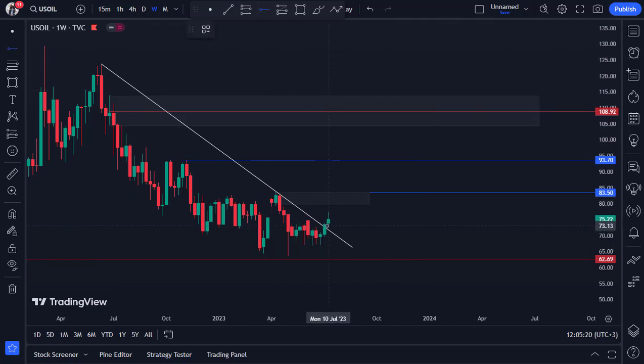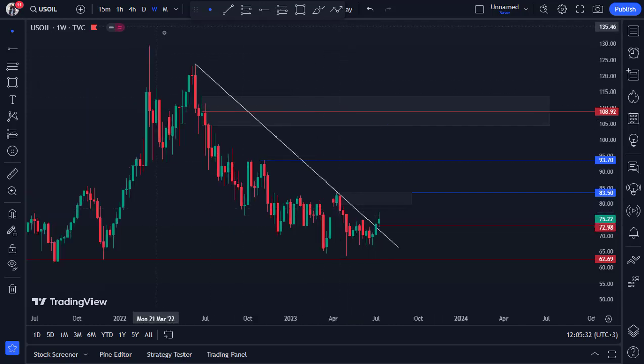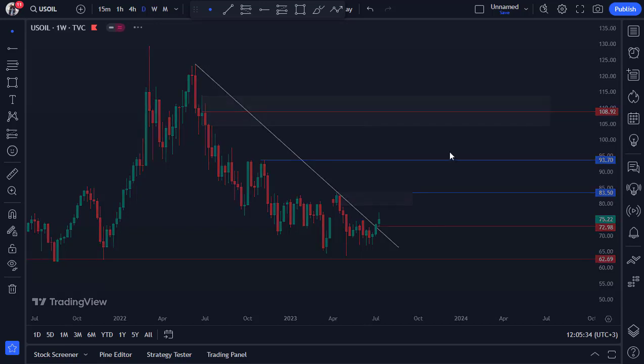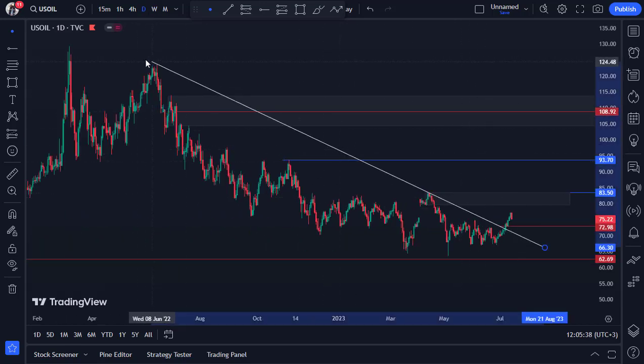So we can count this area as our value area. Let me just put it as higher time frame because we're on a weekly chart, but we can still draw this on a daily chart.